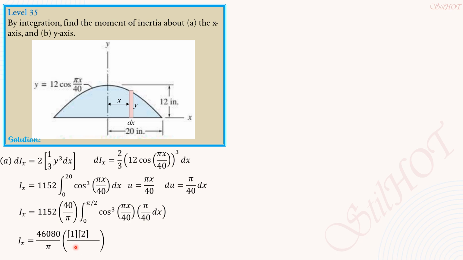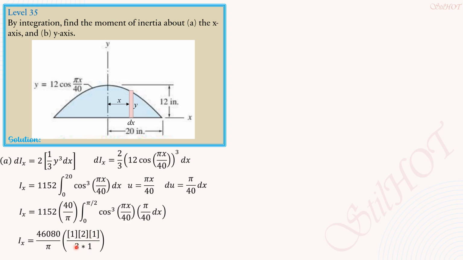So Ix is equal to 46080 over pi times the following. This is for the sine, which is 1 by rule. This is for 3 minus 1. Then we stop at 2. This is for alpha, which is 1 because neither the exponent of sine nor the exponent of cosine are even, so that's why it's 1.